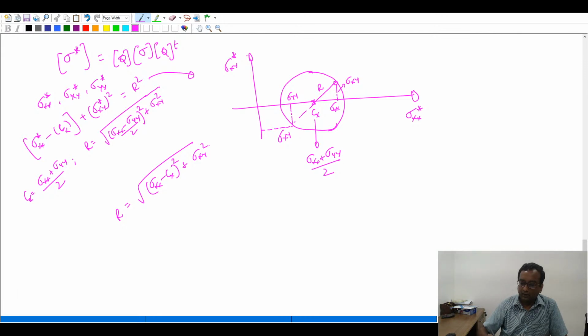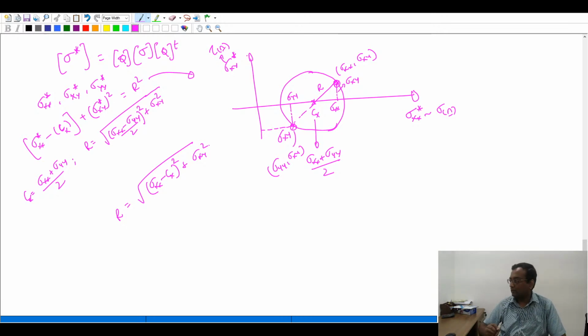You identify the location where sigma xx, sigma xy, all positive numbers, and this will be sigma yy, sigma xy components, and hence we write this in general as the normal stress versus the shear stress, and complete the Mohr's circle analysis. Okay, so is that useful?